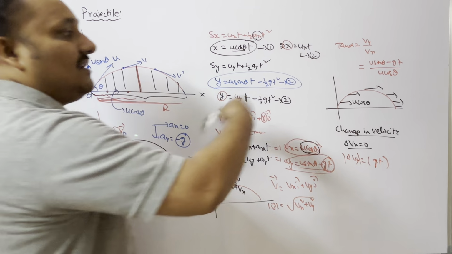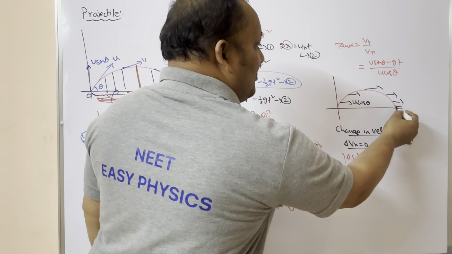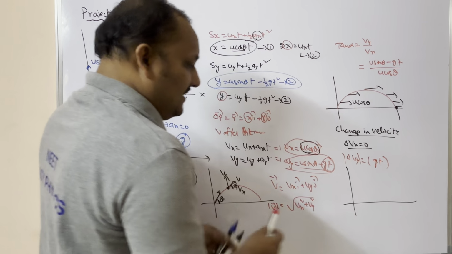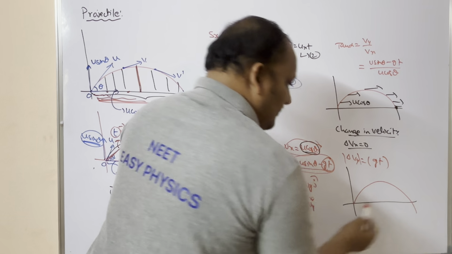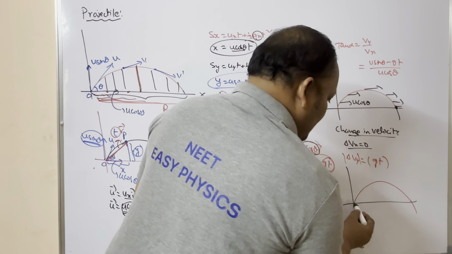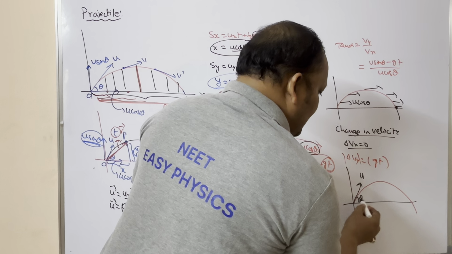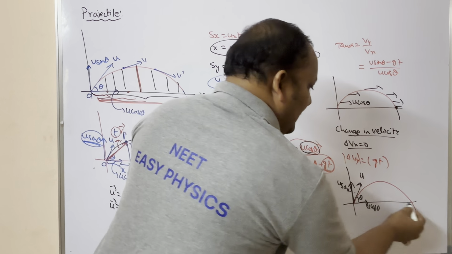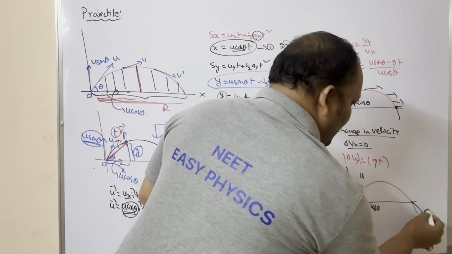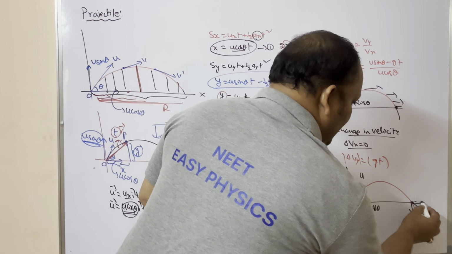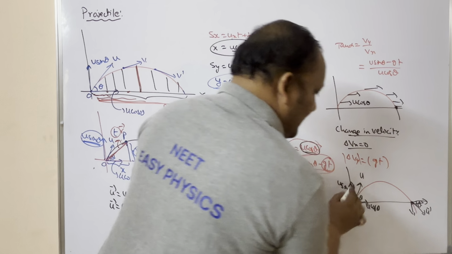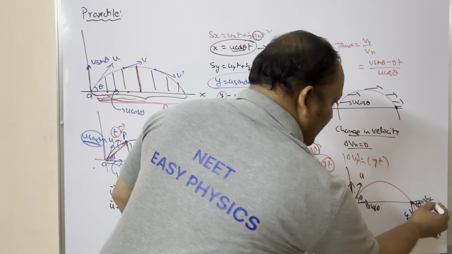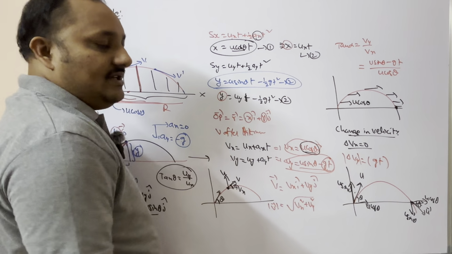Next, what is the velocity after reaching the same point of projection? Here, the initial velocity is u cos theta and u sin theta. The velocity is going to be the same, but the direction is going to be changed. u sin theta is going to be coming downwards, u cos theta is in the horizontal direction.